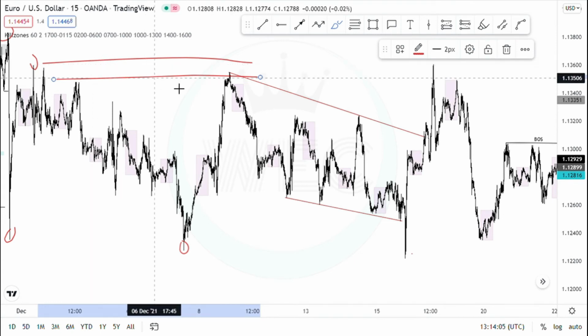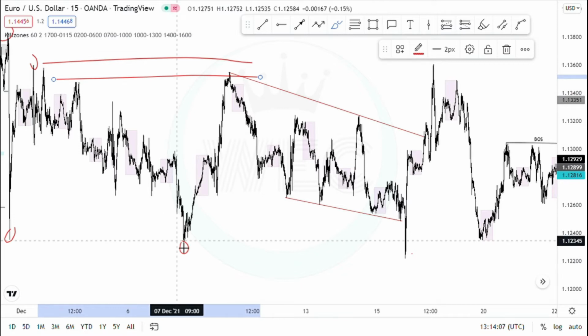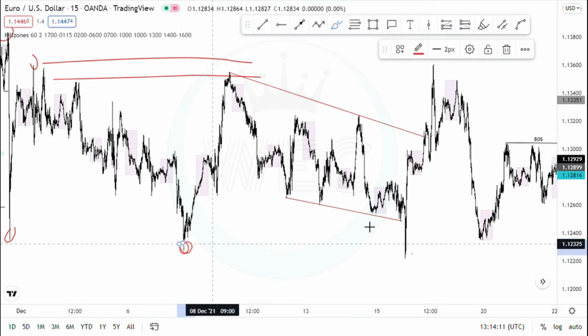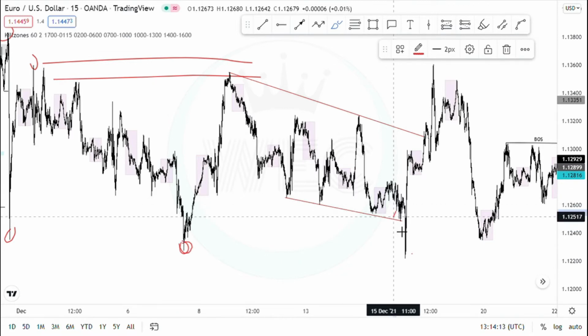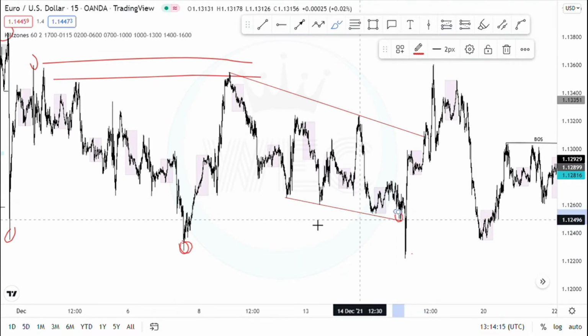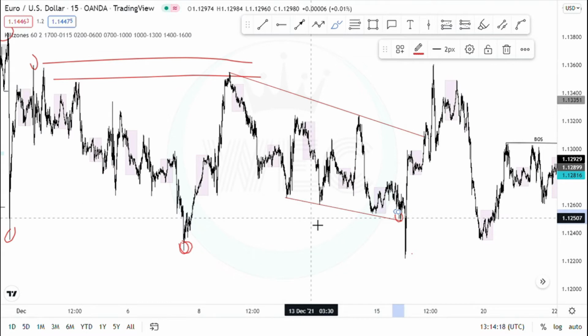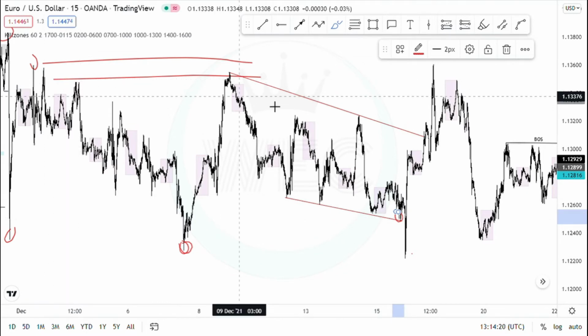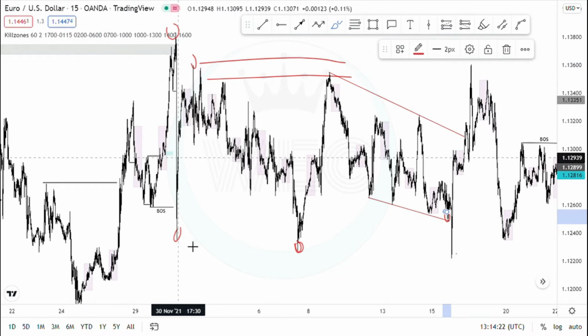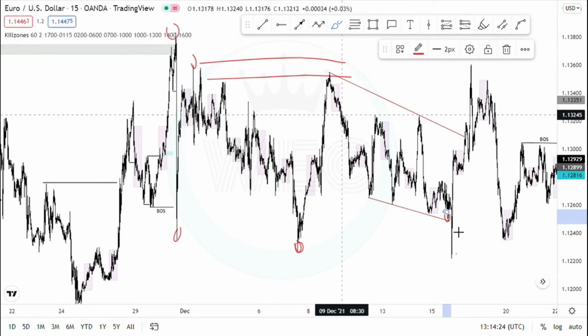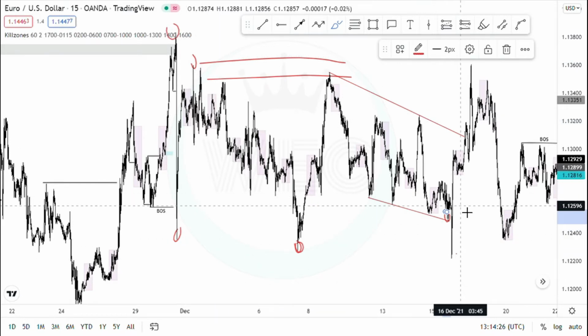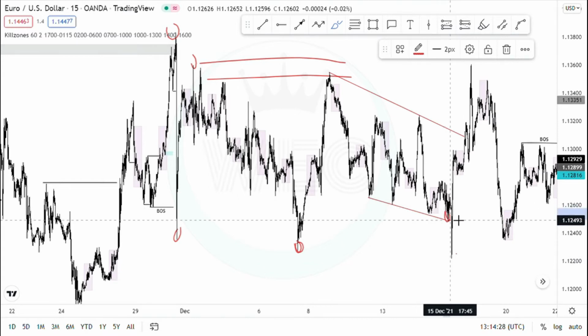So definitely at least price should get to this low over here, which is a target liquidity. If you are taking your buys here on the third touch, you are making a mistake, because first of all, you are trading against market structure. The market is making lower highs and lower lows. So the first mistake is that you are trading against market structure.